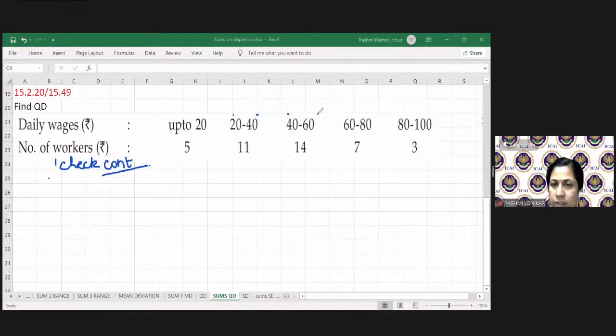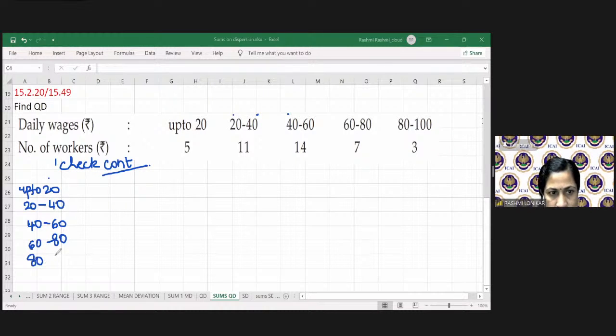So 40 to 40, then again the next class starts at 60, and then 80 to 80. So what we will do here is: up to 20, then I have 20 to 40, then 40 to 60, 60 to 80 and 80 to 100.